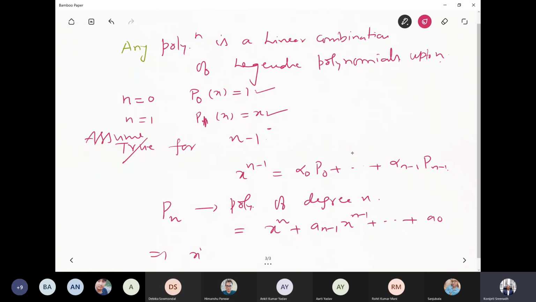Therefore, x power n is nothing but Pn minus these things. Now you can write, by rearranging the terms, this as an nth degree polynomial with different coefficients.